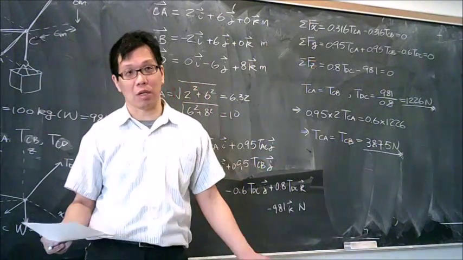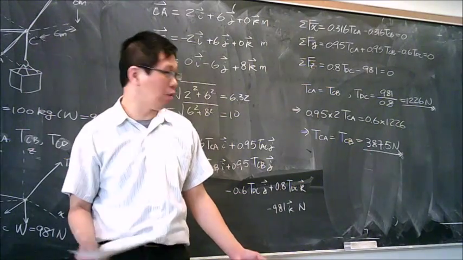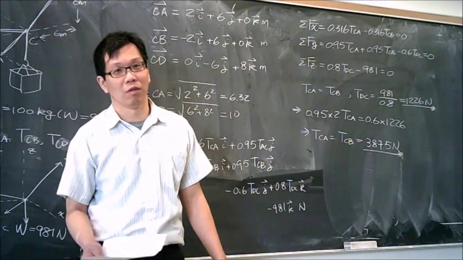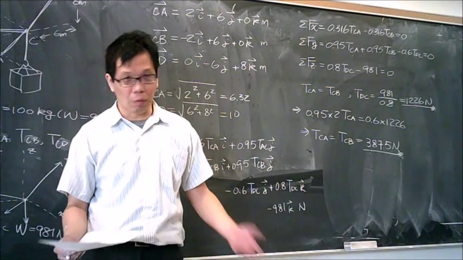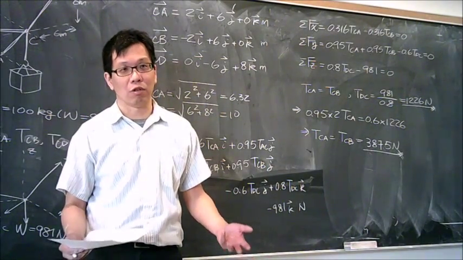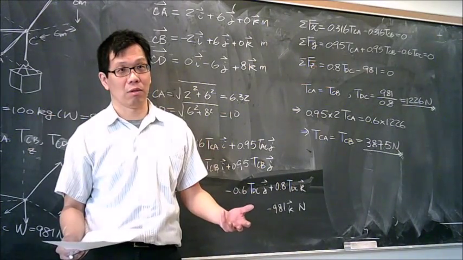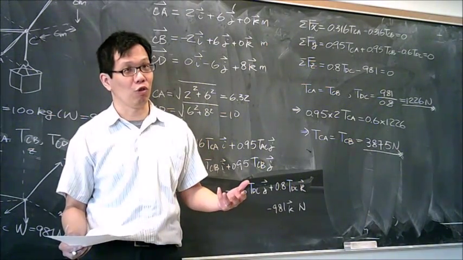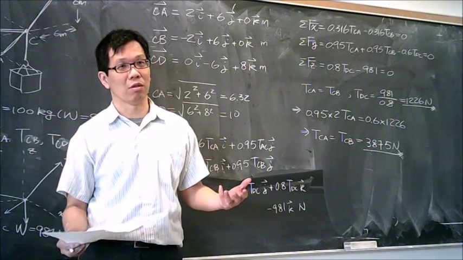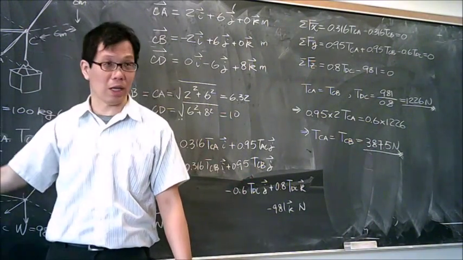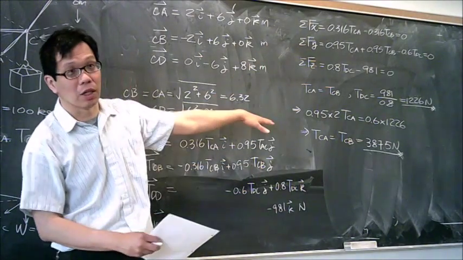Even though you make some mistake in calculation, you might find out your force is actually negative for some reason, and you think it's not correct at all. Don't worry about it. Just write it down. Don't blank out in the test, because if you blank out, you're going to be in big trouble solving other problems. So just follow what I say in class and write down everything.